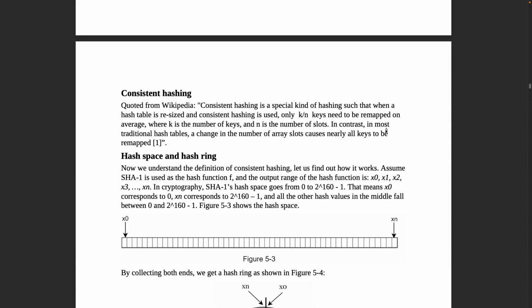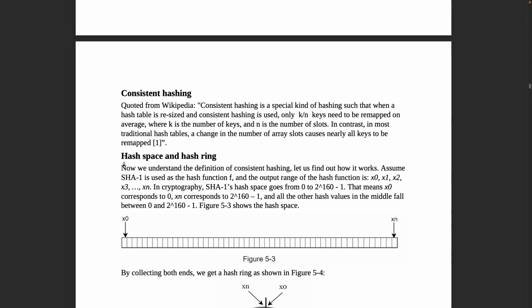In contrast, in most traditional hash tables, a change in the number of array slots causes nearly all keys to be remapped, where k is the number of keys and n is the number of slots.